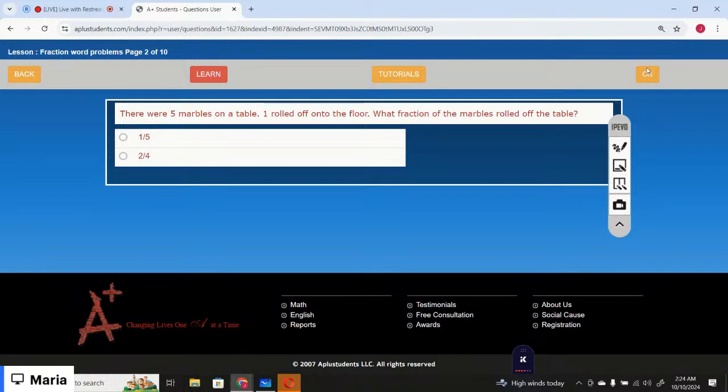The total marbles were 5, right? So one of them rolled off, so that is 1 out of 5. Option number 1 is the correct option.